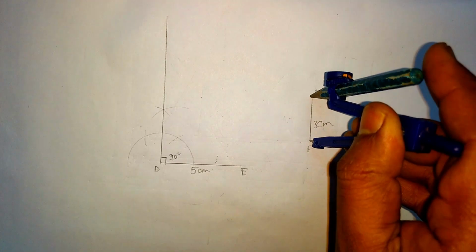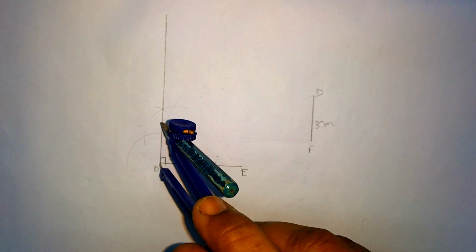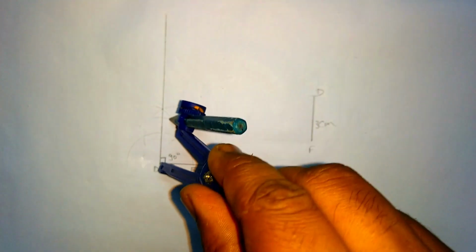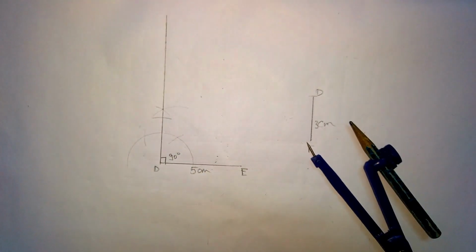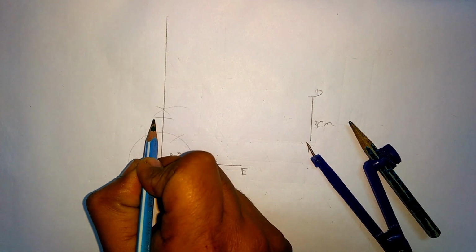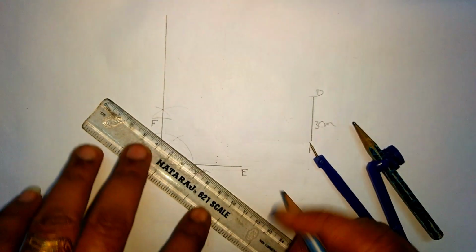Measure DF with the help of your compass and put the needle on point D and cut the perpendicular, or you can say 90 degree. This point will be F. Now join E and F.